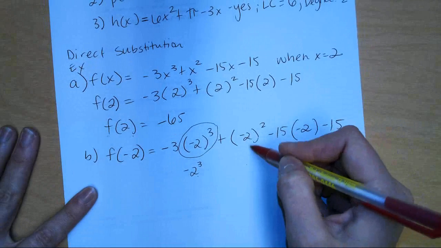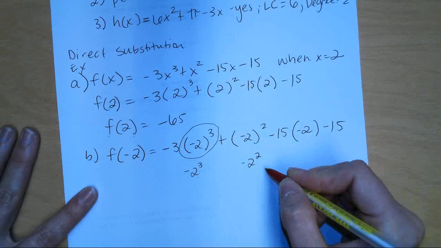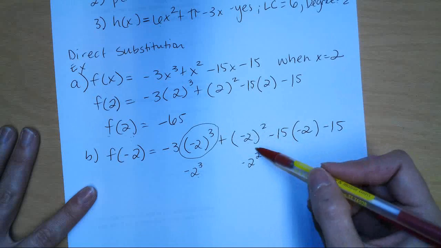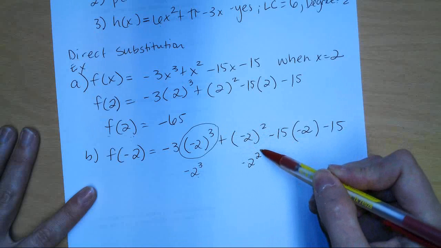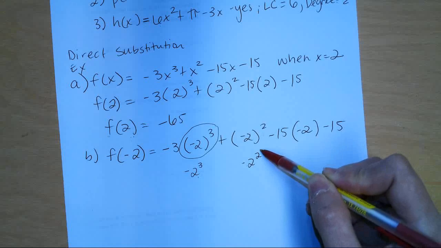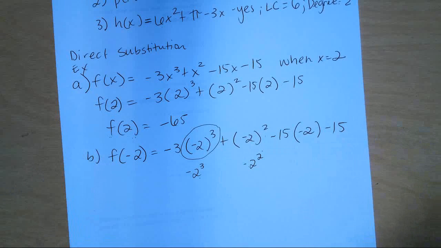This one right here, if I didn't put the parentheses and I just put negative 2 squared, what is negative 2 squared? Negative 4. What is this negative 2 squared? Positive 4. So it's going to give you a different answer if you don't put your parentheses in correctly. So make sure you do your parentheses. Okay, enter this into the calculator, just like it is.